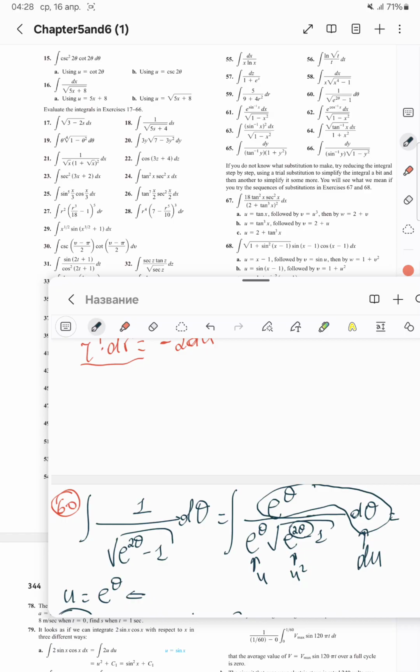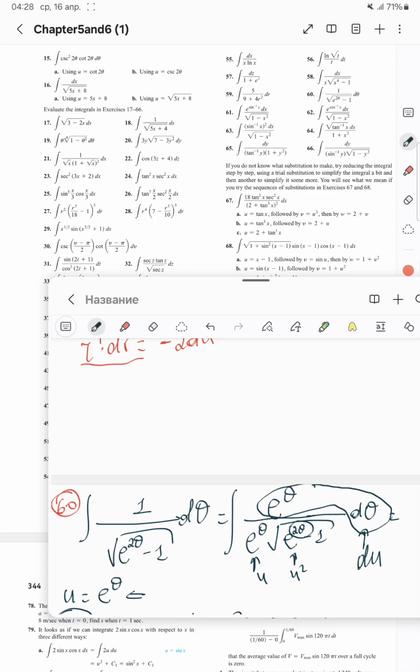Again, it's like the chain rule, but for integrals. The vice versa of the chain rule. We do everything like inverse. Inverse operation, yeah.